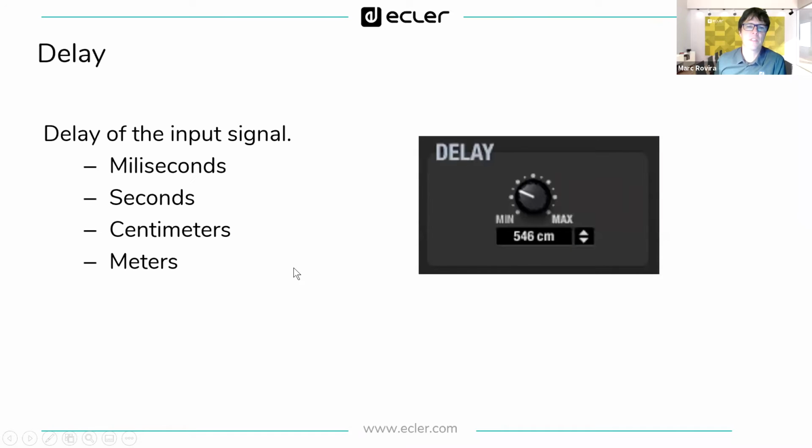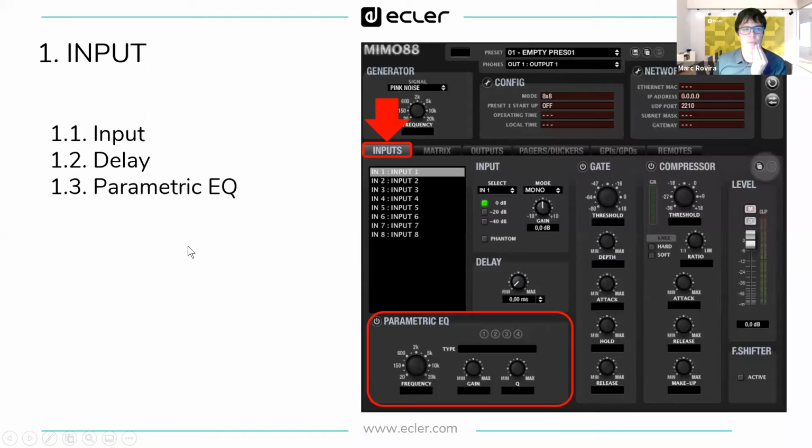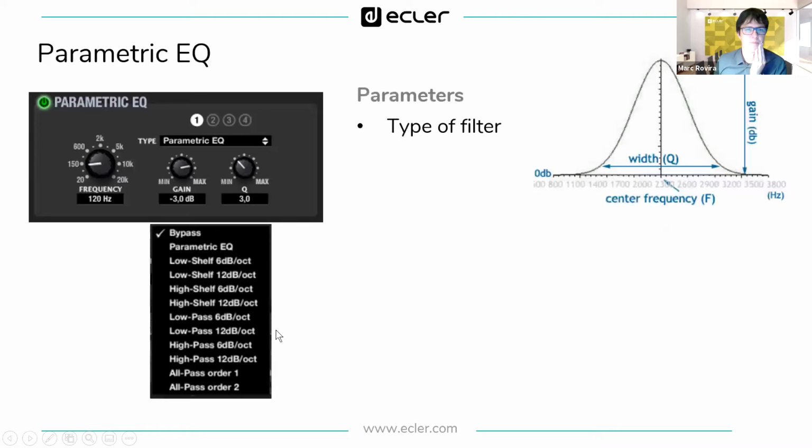Delay. Well, delay is the input delay, just for milliseconds. You can decide if you want it to be shown in milliseconds, seconds, centimeters, or meters. Parametric EQs. We've got 4 parametric EQs.